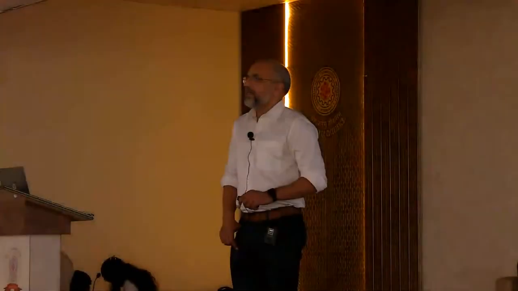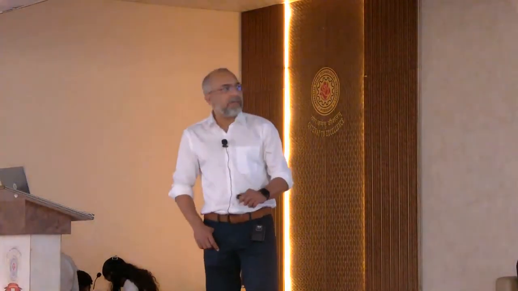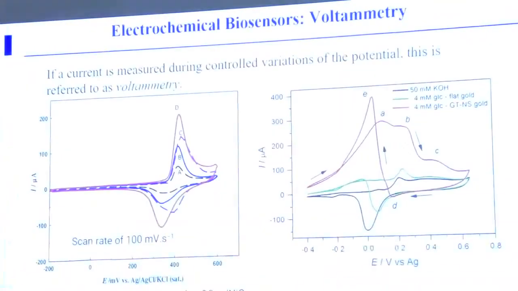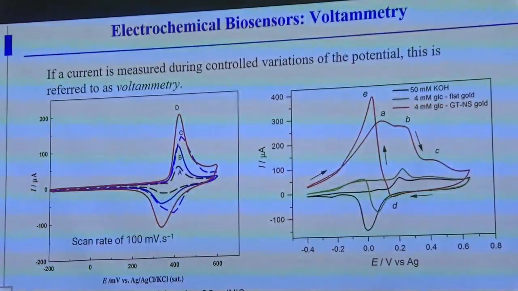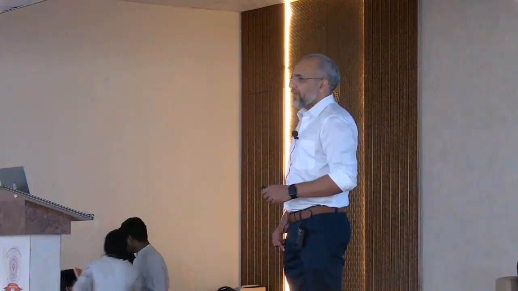Here are a couple of things you need to be careful about, like the effect of the scan rate. For example, here the scan rate is 100 millivolt per second. What will happen if the scan rate is 1 millivolt per second, or 500 millivolt per second?